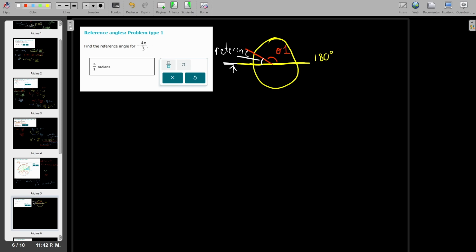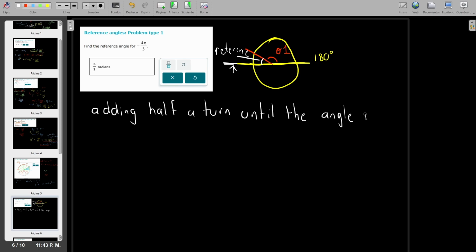In order to solve this, we need to be adding half a turn until the angle is less than 180 degrees or pi radians.